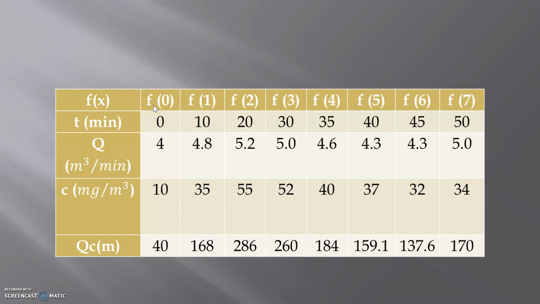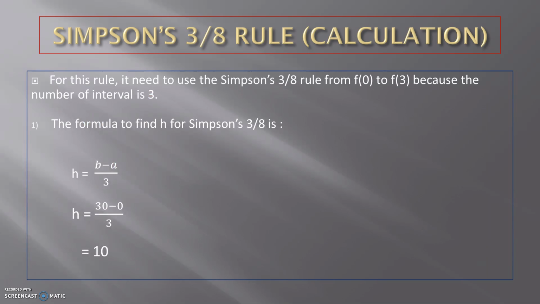The number of data interval is 1, 2 and 3. So we could use the Simpson 3/8 rule for this problem.